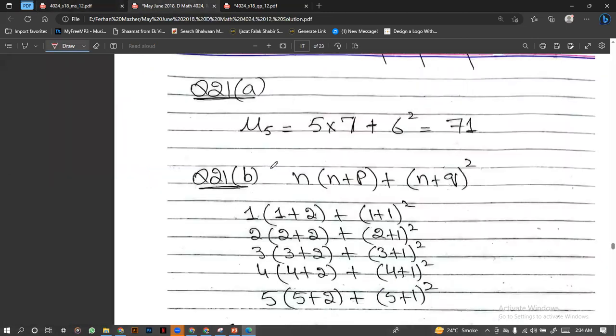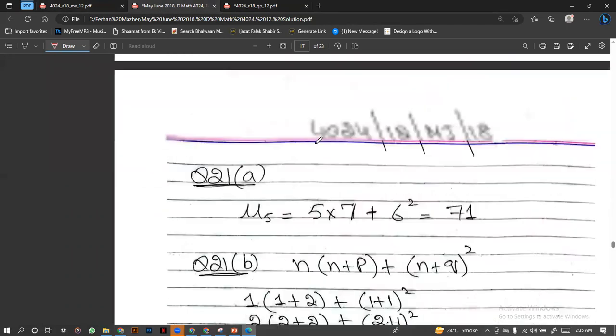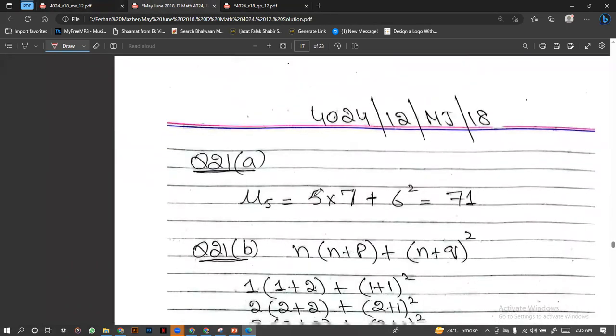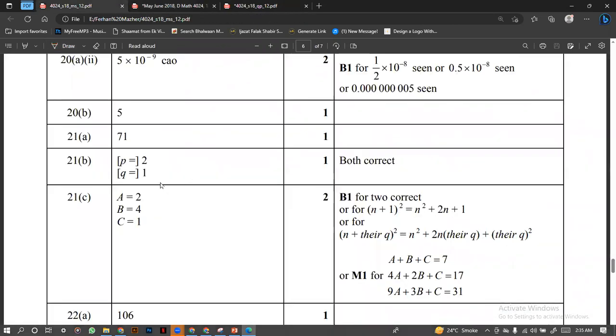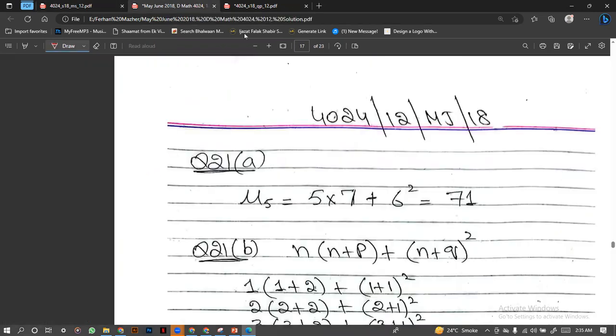So here we have 5 into 7 plus 6 squared, that will be 71, because it will be 5 multiplied by 2 more than 5, plus 5 plus 1 whole squared, and that will be 35 plus 36, that will be 71. So the answer here is 71. That's right.